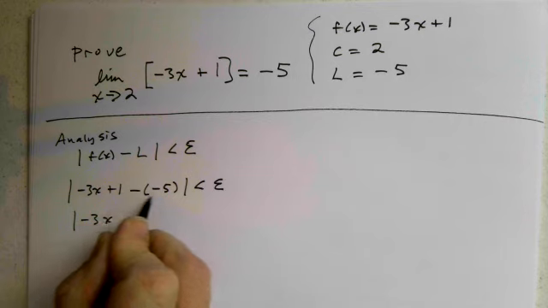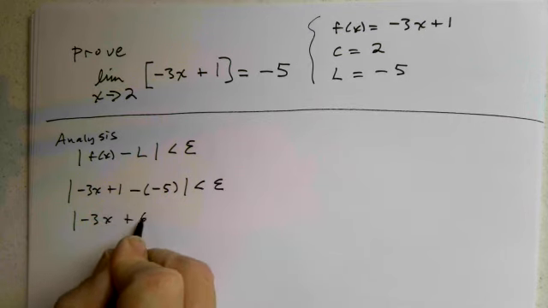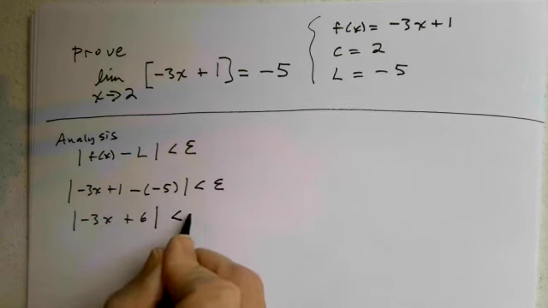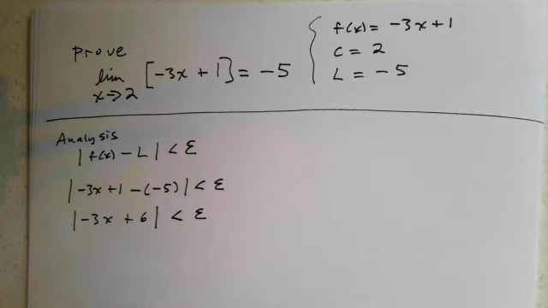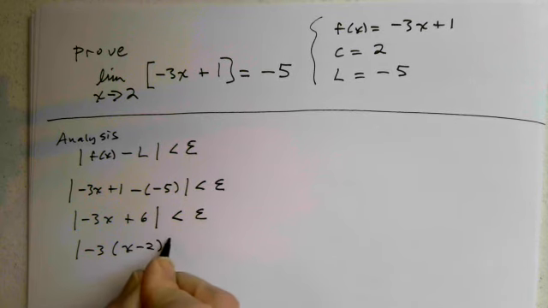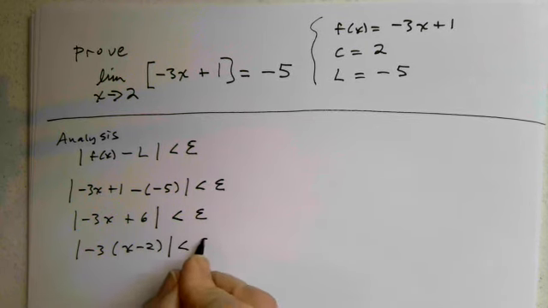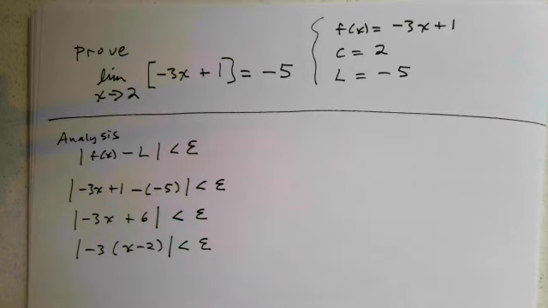Absolute negative 3x, 1 minus negative 5 is 1 plus 5, plus 6, is less than epsilon. Factor out the negative 3, which is negative 3 times x minus 2, is less than epsilon.